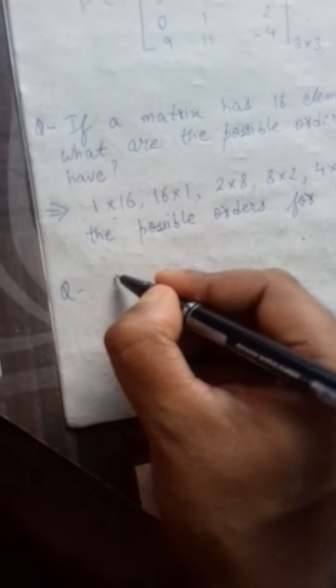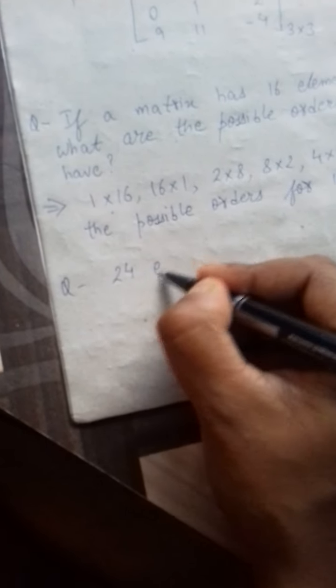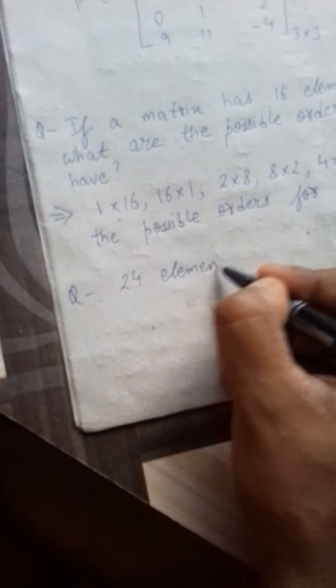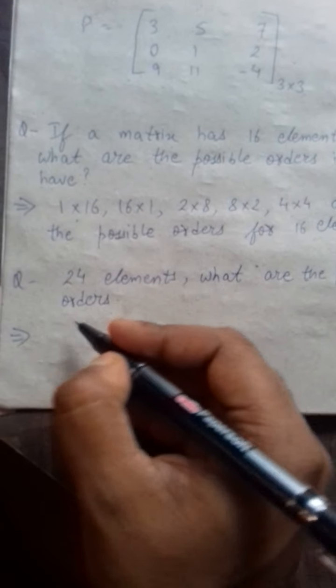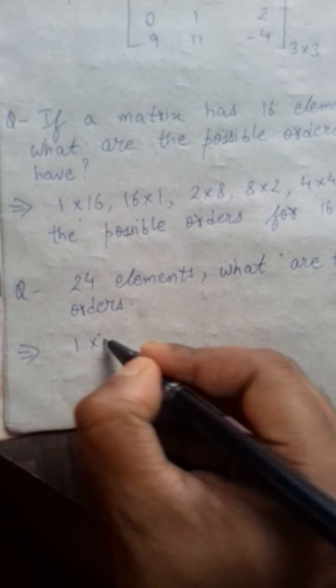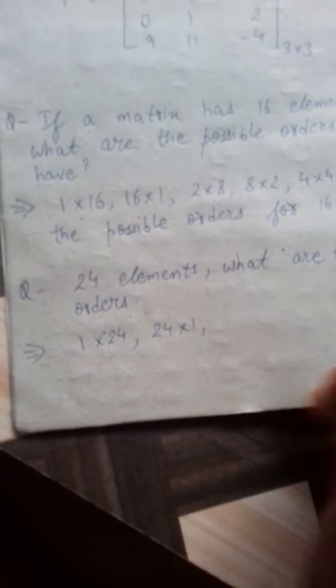Next question: if a matrix has 24 elements, what are the possible orders? First, I told you that the number is divisible by 1, so the first order will be 1 by 24, 24 by 1.